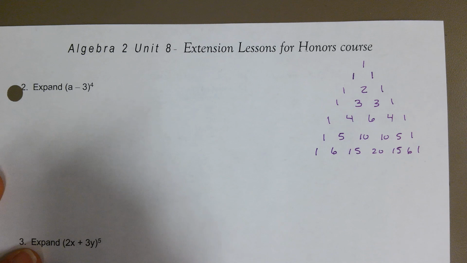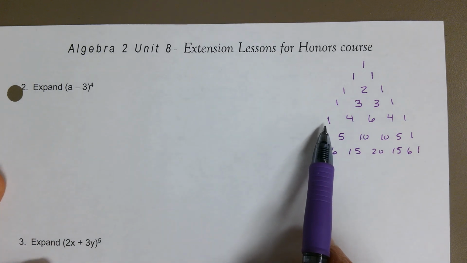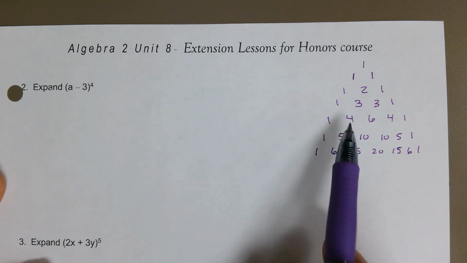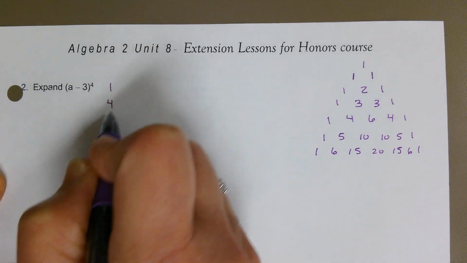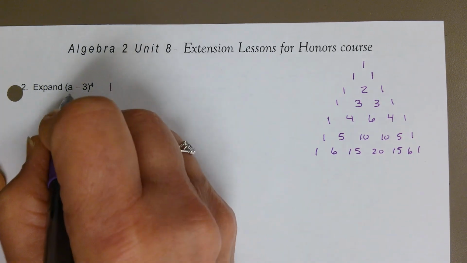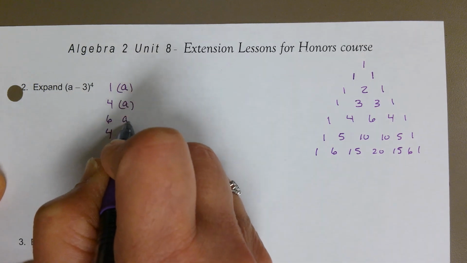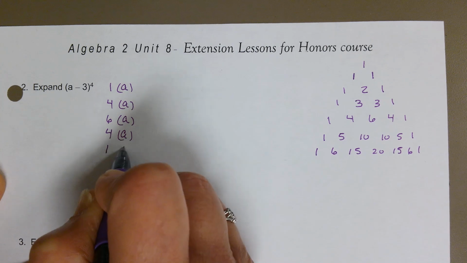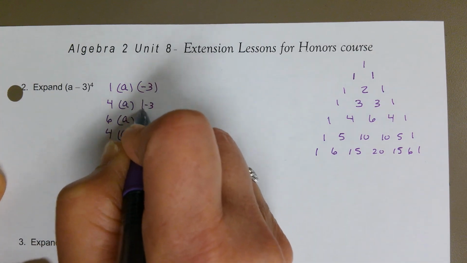Expanding a minus 3 to the power of 4, we go to the row in our Pascal's triangle where the second digit is a 4. So 1, 4, 6, 4, 1. The first term of the binomial is a, the second term is negative 3.